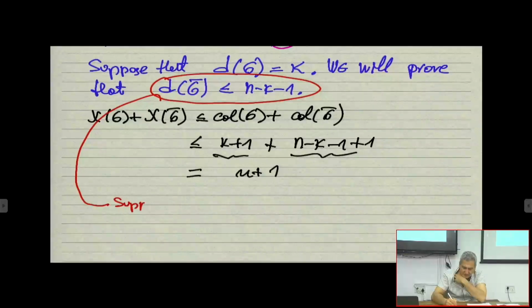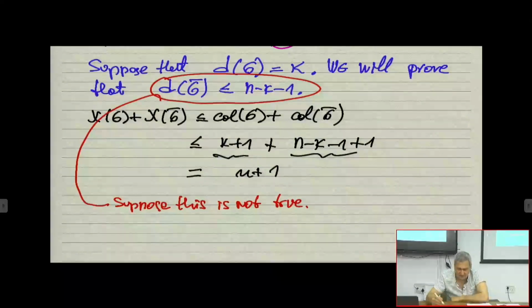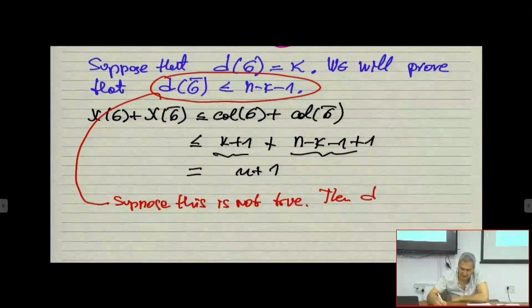Suppose this is not true. Then the degeneracy of G complement. Okay?